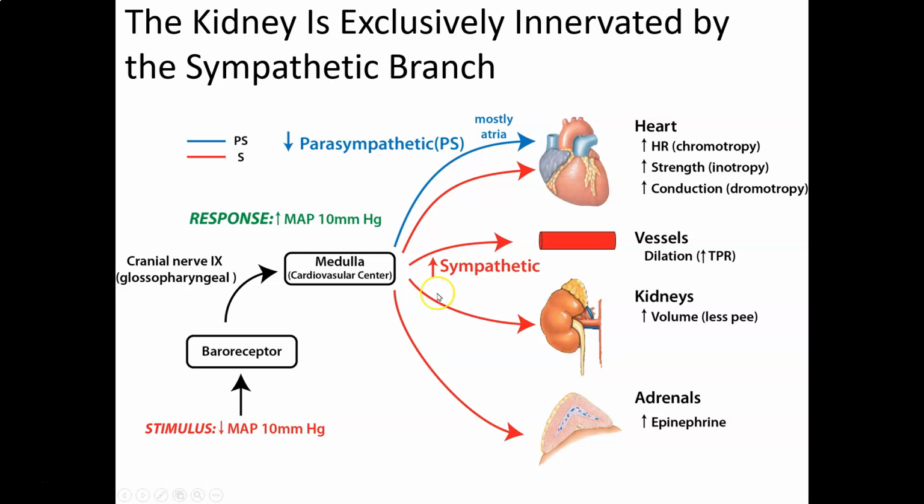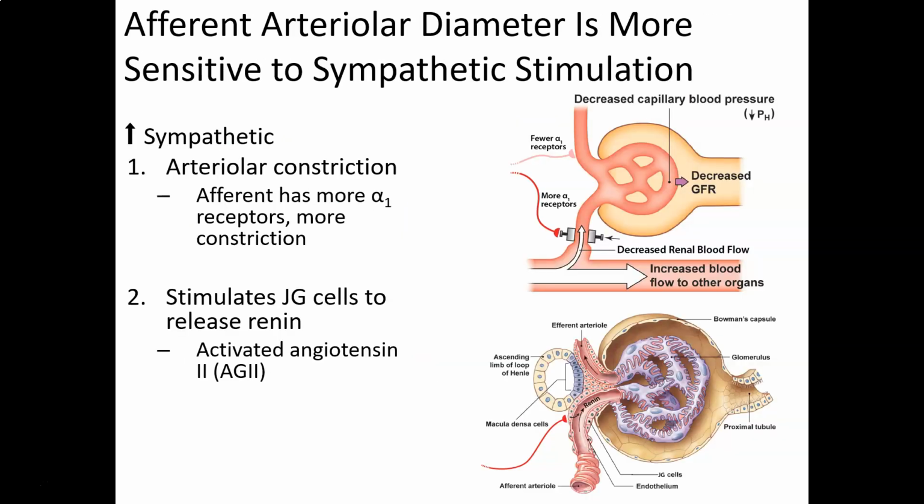Okay? And the idea is, if you remember from the baroreceptor reflex, if we increase the sympathetic system, we increase blood volume. And so I actually had a question on that from a student about how that worked. But the way it basically works is the increased sympathetic system causes constriction of the afferent arteriole.